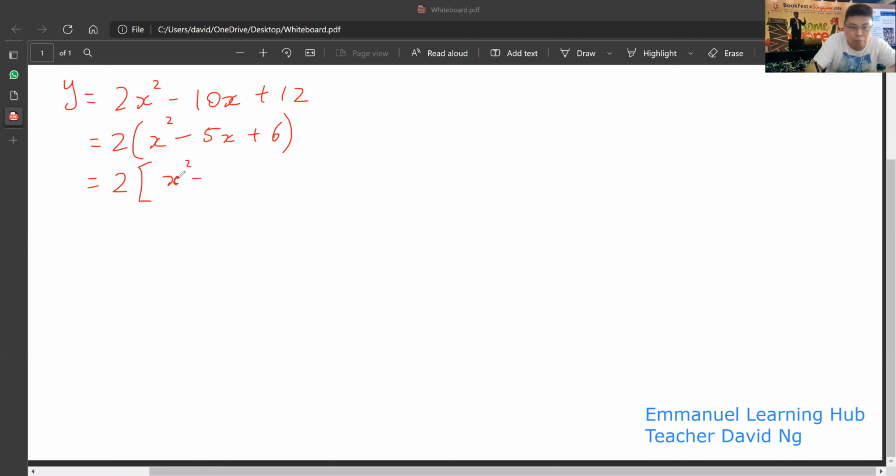This is how you complete the square. Then I add half the coefficient of x, which is 5, and I square it. And whatever I add, I minus. Okay, this is completing the square.